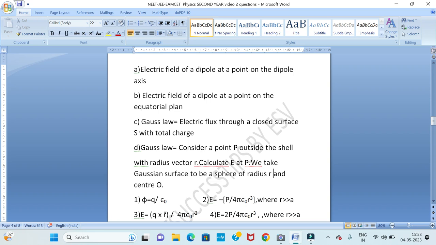The Gauss law above is the same, only Q by epsilon 0 I have taken. Like that you have to compare and you can remember. You can't remember only a single formula. You have to compare one formula with another, then only you can remember easily.